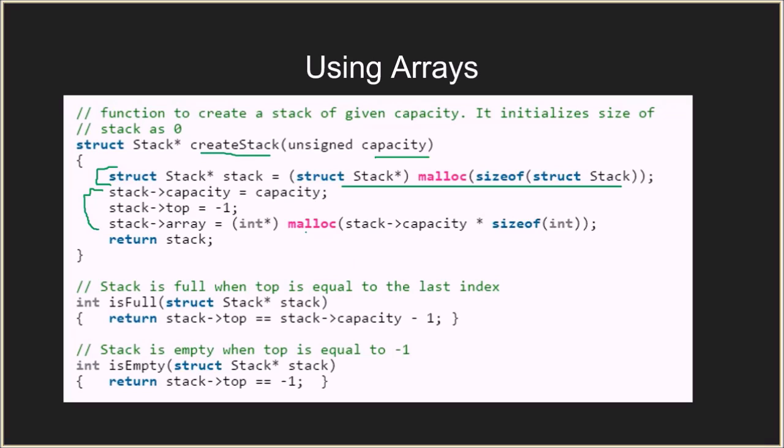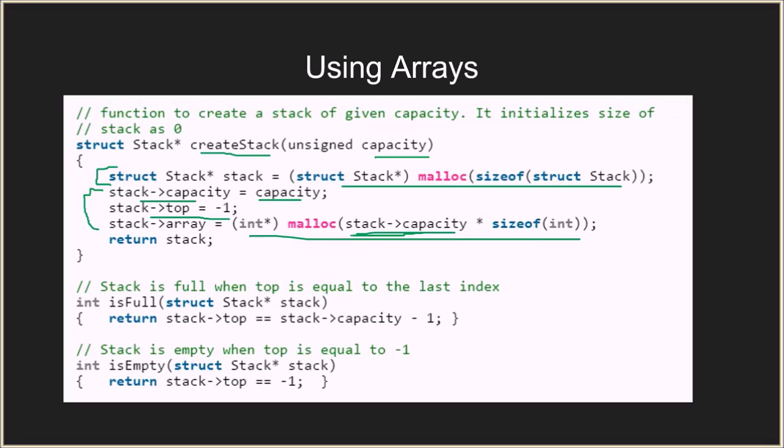The argument capacity is assigned to the capacity of the stack. Then the top is initialized as -1 because currently we do not have any elements in the stack. And then the array is allocated the memory of the size capacity.